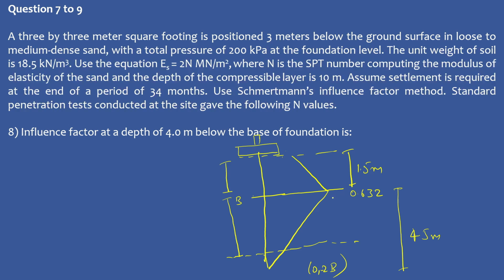So in this particular case, it has been asked to calculate at 4 meter. So this will be your 2.5 meter, right? This is your B by 2. So this is 1.5 meter.